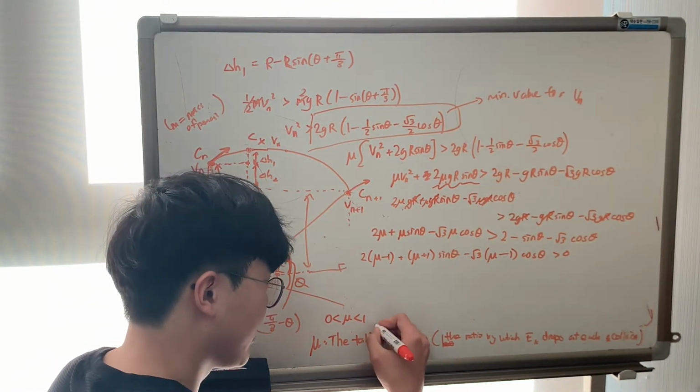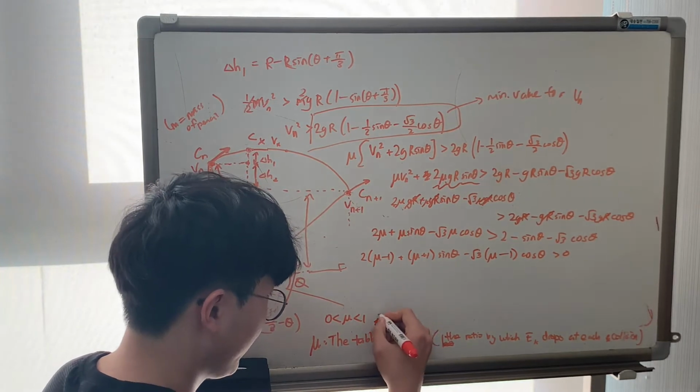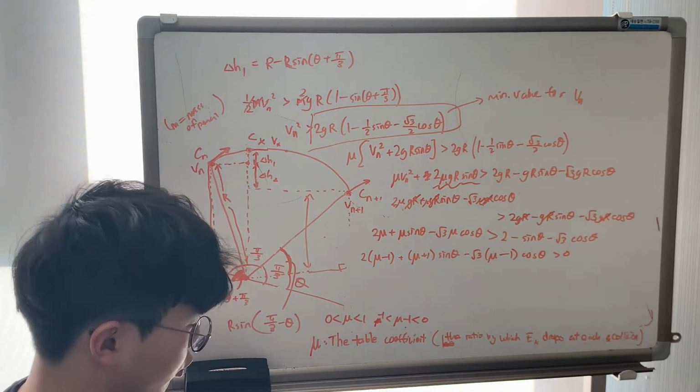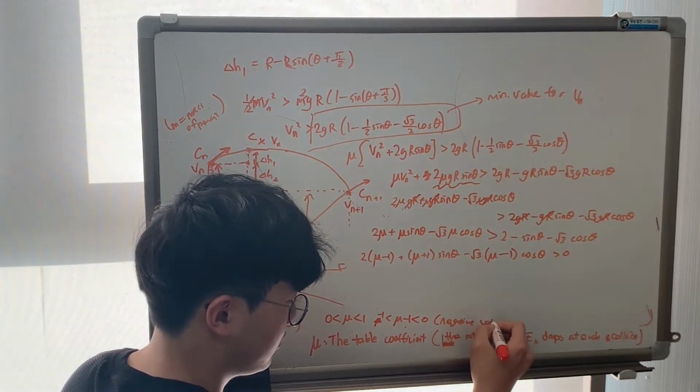And so if that's true, then mu minus 1 will be between minus 1 and 0, which is a negative value.